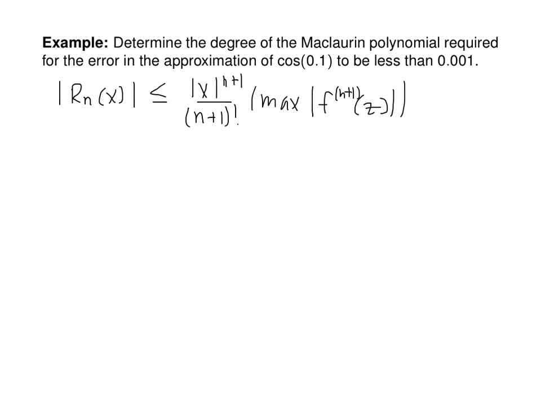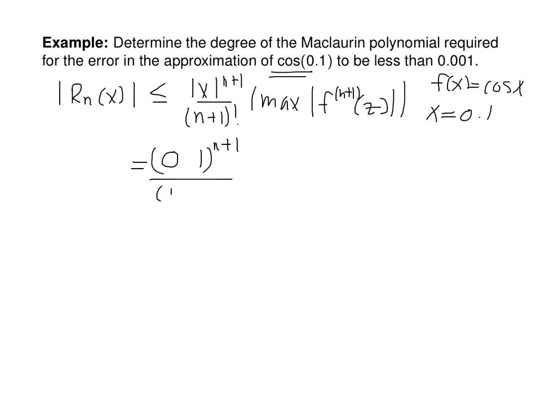Now, because our function f of x is equal to cosine x, and the x value we care about is 0.1, we know that this remainder will be less than or equal to 0.1 to the n plus 1st power divided by n plus 1 factorial.